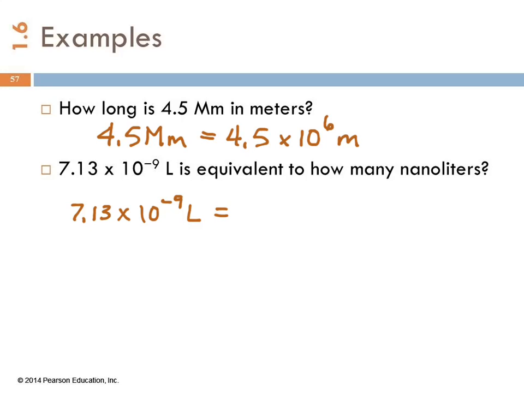So instead of this 10 to the minus 9, we can put the prefix that means that. And so that's equal to 7.13 nanoliters. Now, obviously, I chose that example so that it worked out really well. But that's the idea. Any questions?